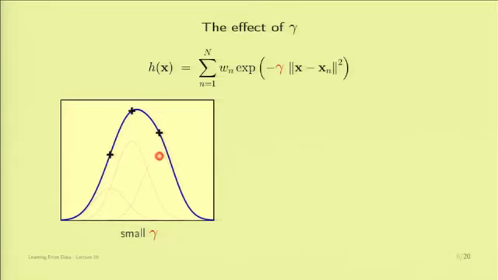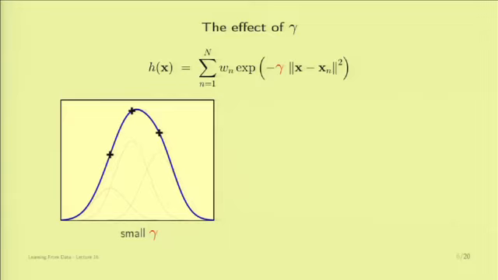So this would be W1, W2, W3, if these are the points. And when you add W1 times the Gaussian plus W2 times the Gaussian, etc., you get a curve that gives you exactly the Y1, Y2, and Y3. Now, because of the width, there is an interpolation here that is successful, okay? And also between 2 points, you can see that there is a meaningful interpolation.